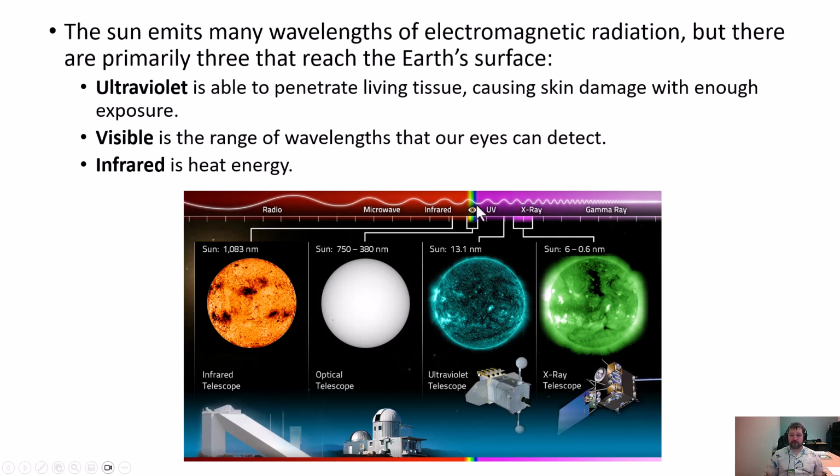Just ask many plant growers. You can grow plants much quicker under ultraviolet than you can under visible light. So there's lots of reasons why, in environmental science or science that's based on life on this planet, we talk about these three portions of the electromagnetic spectrum.